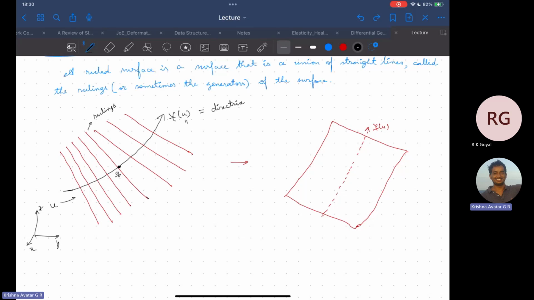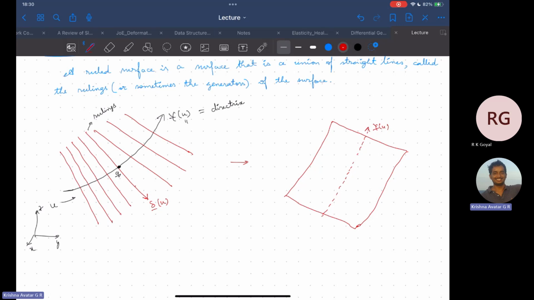These rulings are characterized by some vector delta, which is also a function of u. And this delta vector is of course a vector valued function, and it will vary at every u.